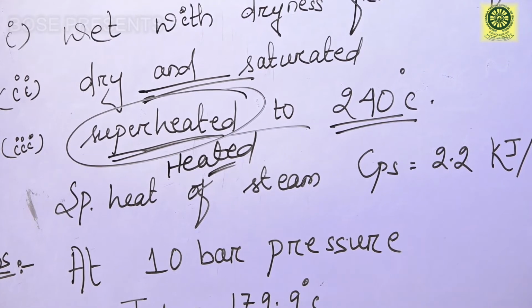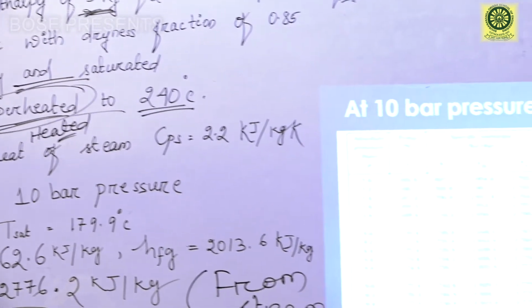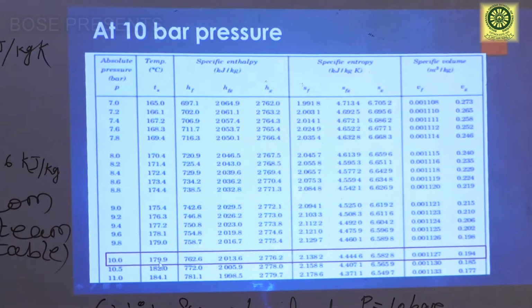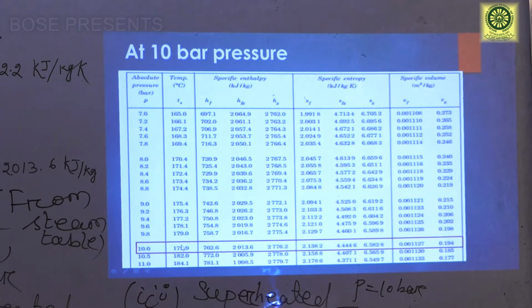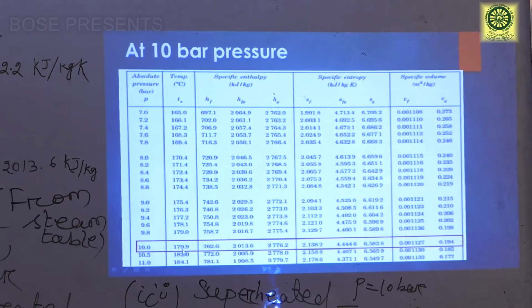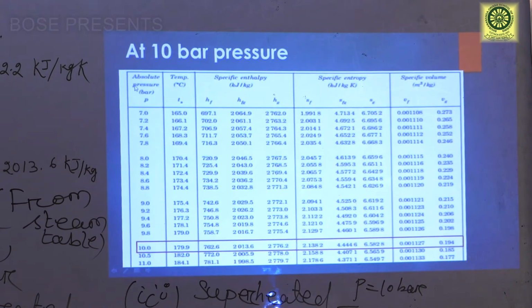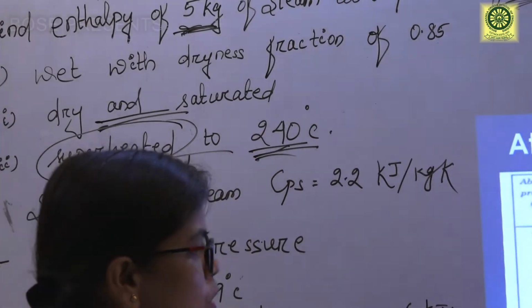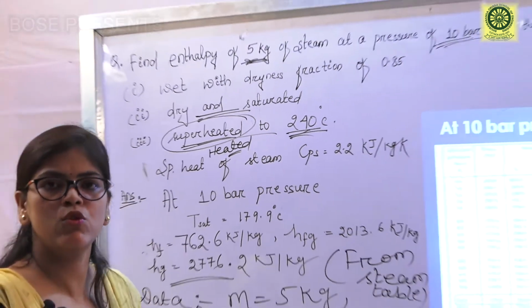For 10 bar pressure your saturation temperature is 179.9 degrees centigrade. I have already told you if the temperature exceeds this temperature, then the steam will be in superheated condition. In the question the temperature is 240 degrees centigrade, which is no doubt more than 179.9 degrees centigrade. So it clearly shows that your steam is in superheated condition.